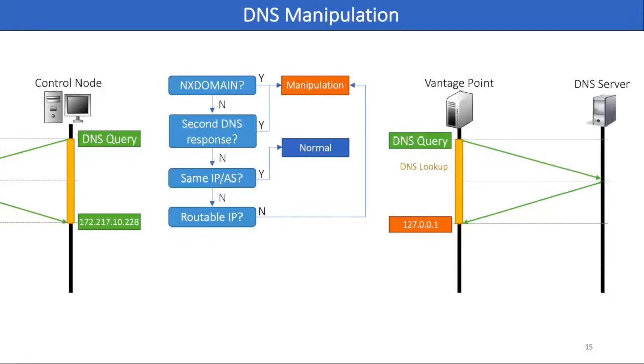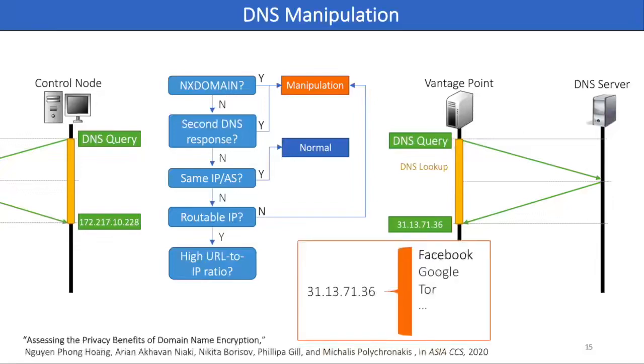And now, the most difficult cases are when we receive different globally routable IP addresses from a control node and a vantage point, because this might be due to CDN load balancing, not censorship. So in this case, we utilize the common observation that some censors tend to map many blocked websites to a few addresses.